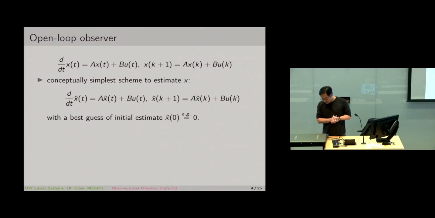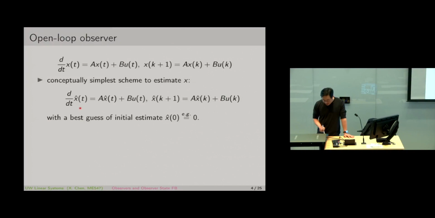The intuition is quite straightforward if we look at the state equation, either in continuous time, x dot equals Ax plus Bu, or in discrete time, x k plus 1 equals A x k plus B u k. It seems intuitive to design, if we want to estimate x and we know the input u, we all know these terms. It seems natural to design an estimate of the state. We call it x hat.